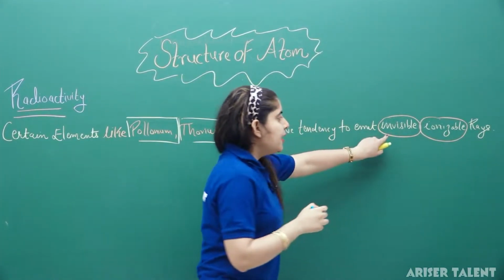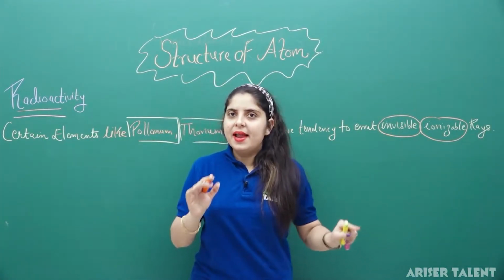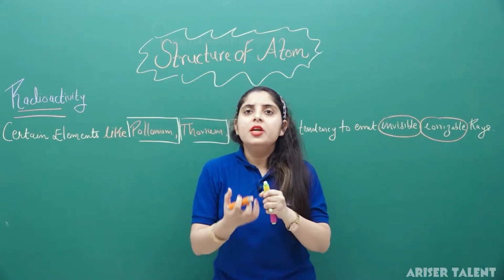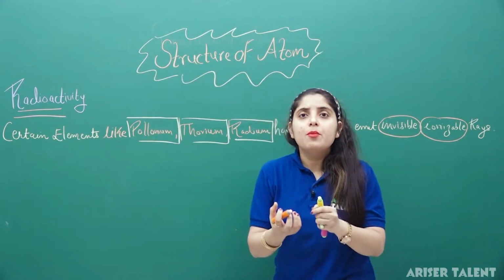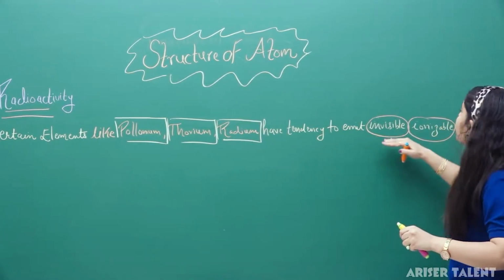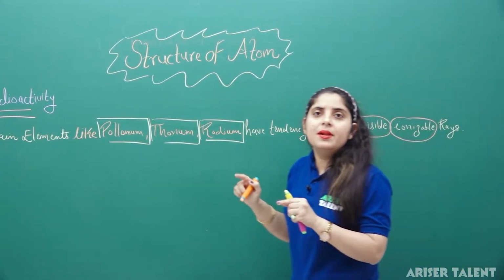It means these rays cannot be seen by the naked eye, and ionizable means these have a tendency to change a certain type of gas into ions. So these particles will have an ability to emit invisible ionizable rays.